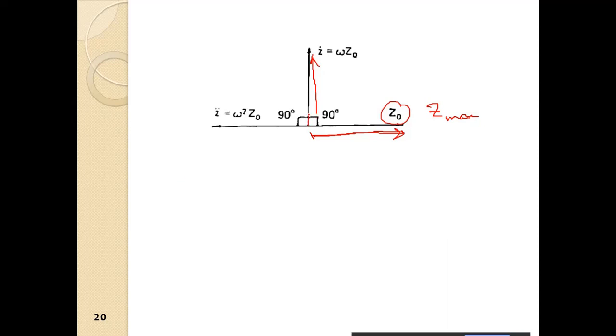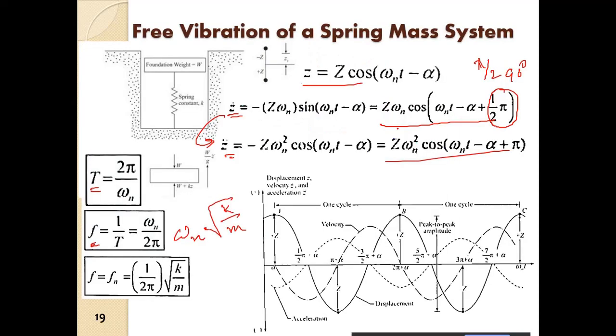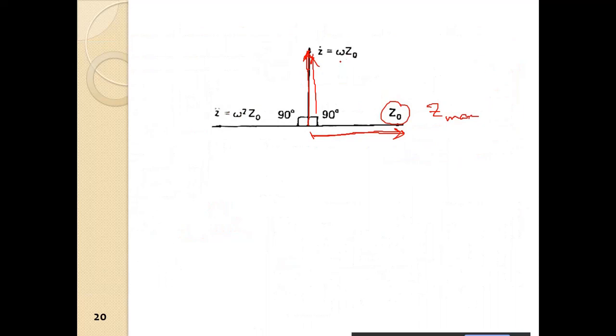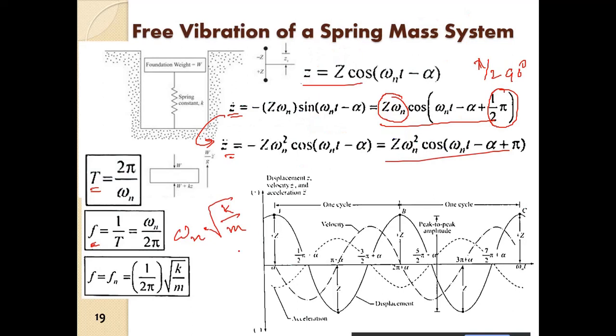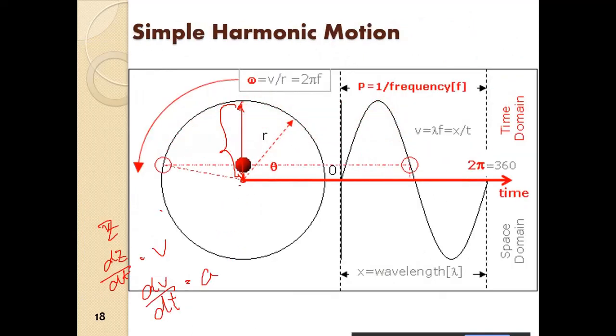Then we have the velocity component. And we saw that the maximum value of the velocity will be omega into z. That is the maximum velocity. At which position is it? We saw that the maximum velocity is here.